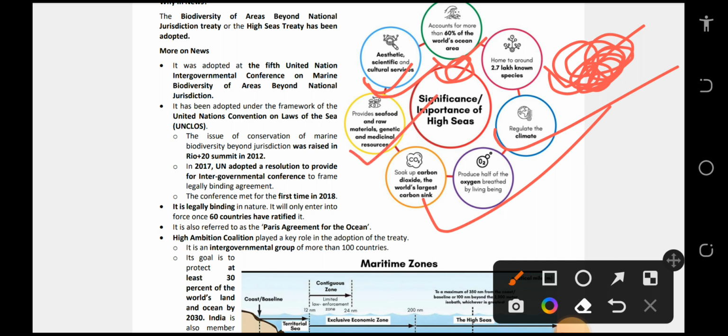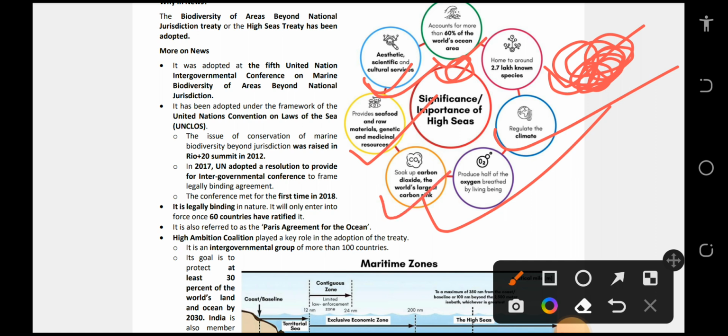The next significance is that it provides seafood and raw material, genetic and medicinal resources. It means the high sea became a basic source of seafood, meaning food, and raw material, and genetic and medicinal resources.